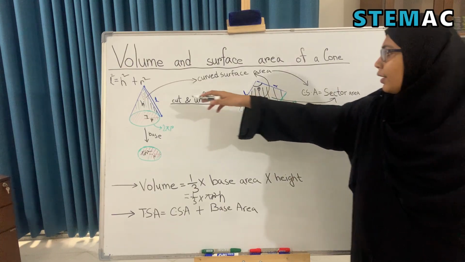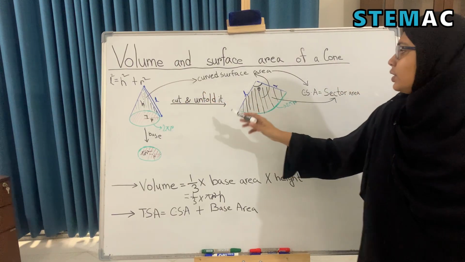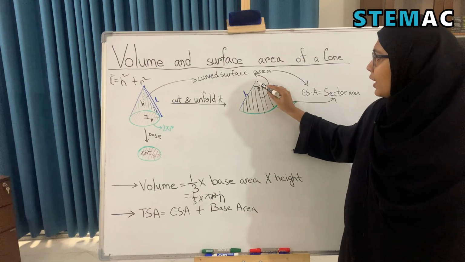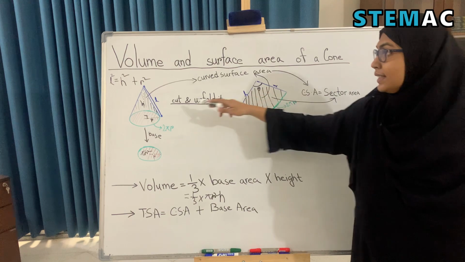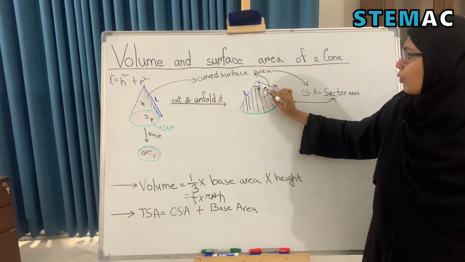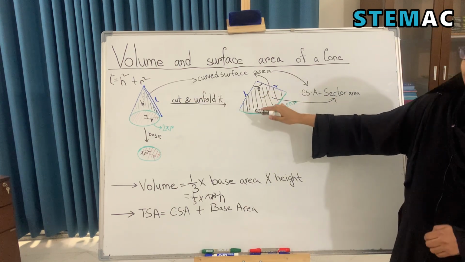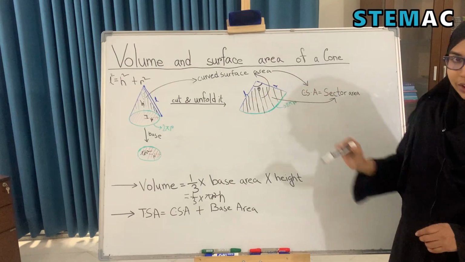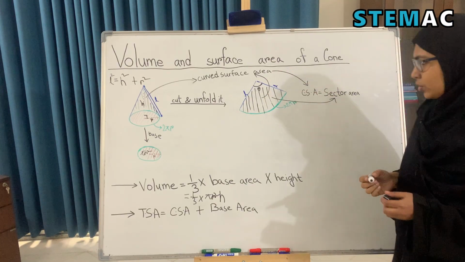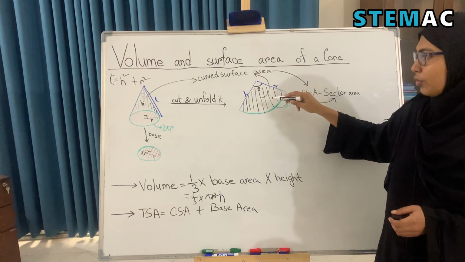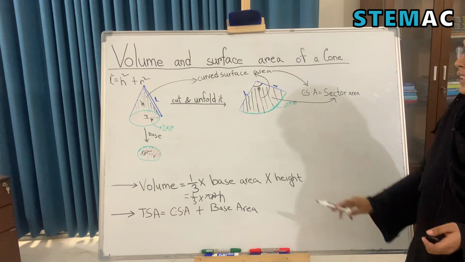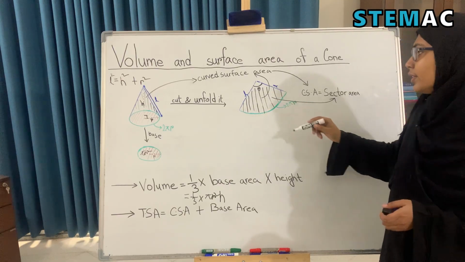So, here if I unfold it like this, we would get this length as L, that is the slant height of the cone, and it would form the radius of this part of the circle. So, the circular shape we are obtaining now is not exactly a circle, it is a sector of a circle.